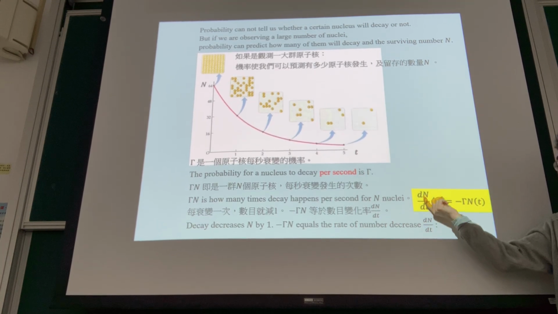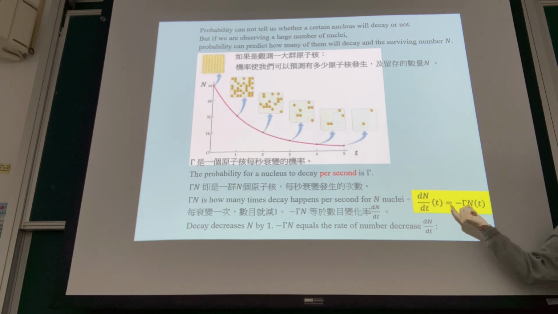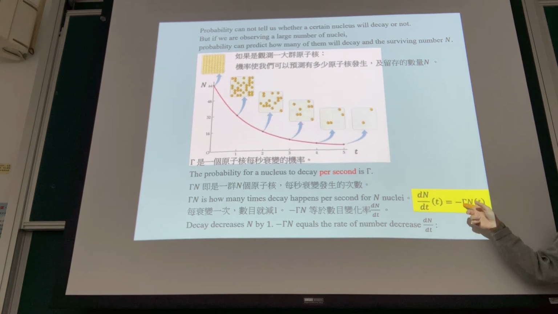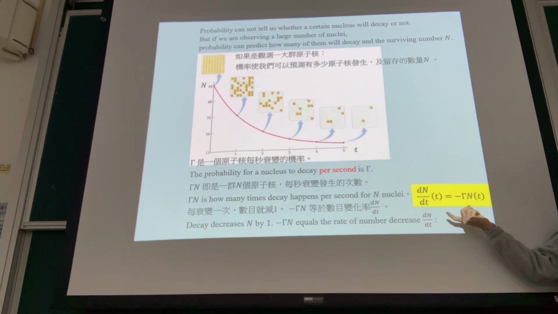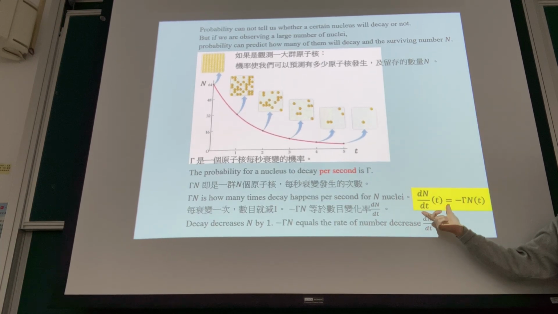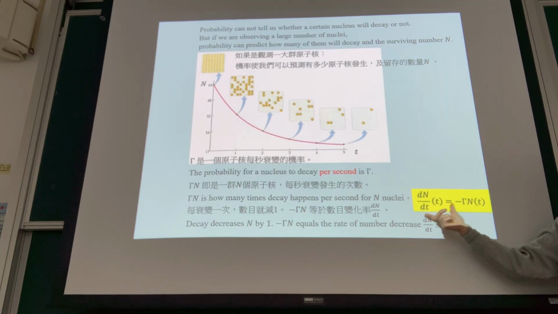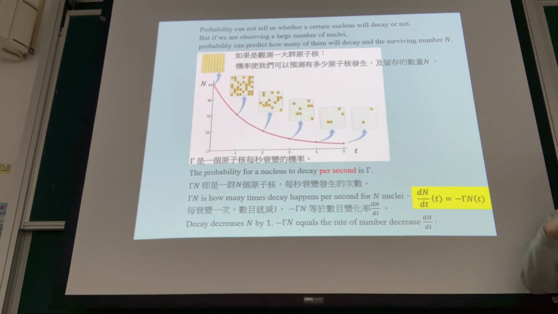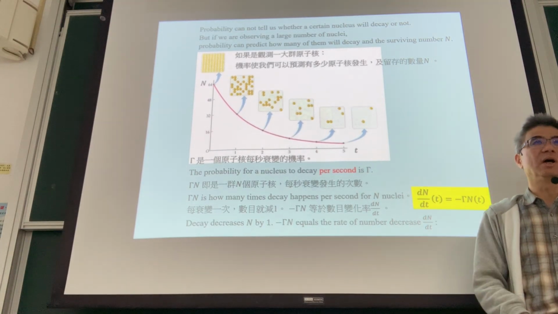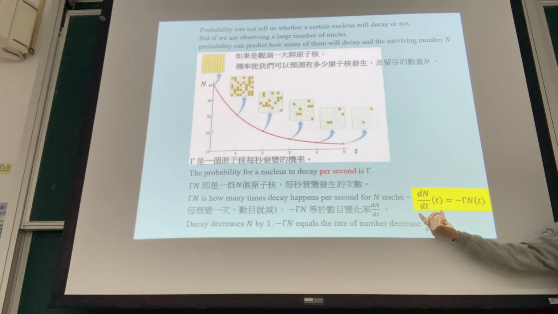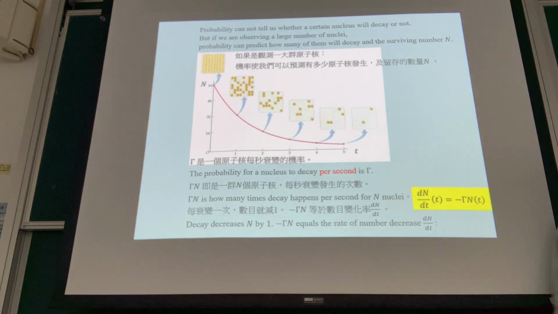Per second, the change of the number is actually proportional to the probability times the number at that time. So that's why dn/dt, the first derivative of the number, is proportional to the number itself. Put in another way, the more nuclei you have, the more decay will happen, and therefore the change of number will be more.